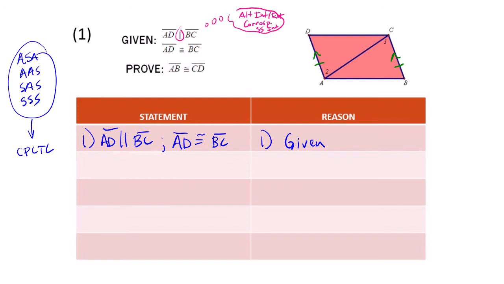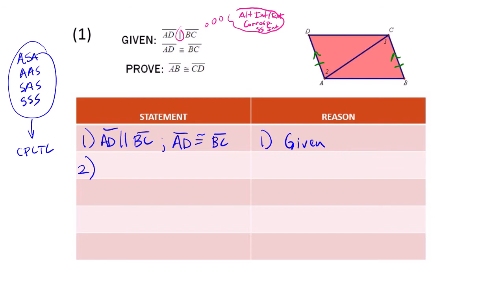So when we have parallel lines, we can see that these parallel lines and this transversal form angle 1 and angle 2, which are alternate interior angles, right? So we can say that angle 1 is congruent to angle 2, right, by the alternate interior angles theorem, which says if two alternate interior angles are formed by two parallel lines and a transversal, they must be congruent.